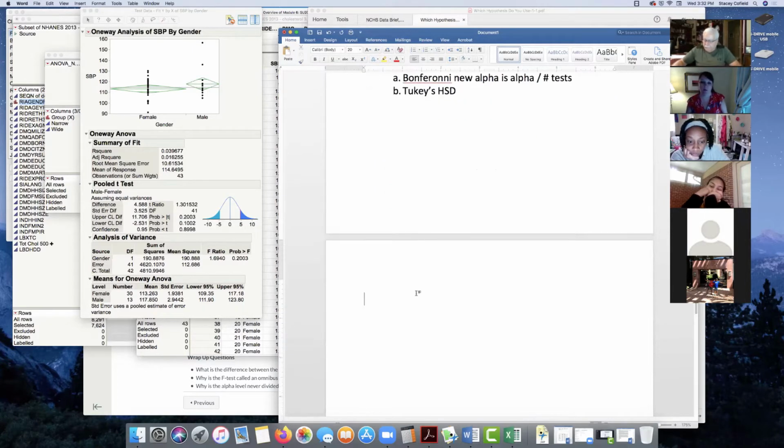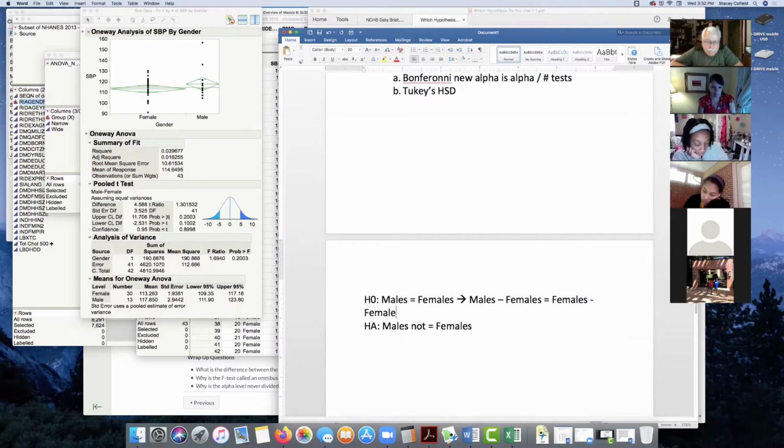So our null hypothesis here is males equal females. My alternative is males not equal to females. This is for the two-sided test. This then becomes males minus females, and this is their means, right?